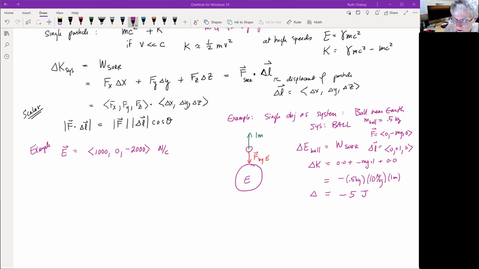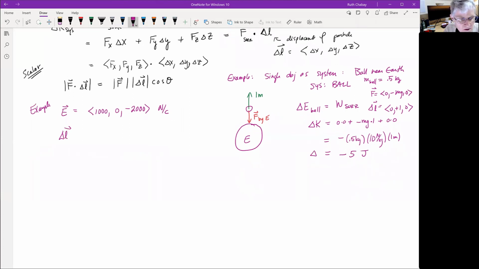And let's suppose we have a displacement of 0 meters in the x direction, minus 4 meters in the y direction, 5 meters in the z direction, and we have a charge that's 3 nanocoulombs. One of the reasons you did that lab where you measured the amount of charge on a piece of tape was just to get an idea of what ordinary charges are like.